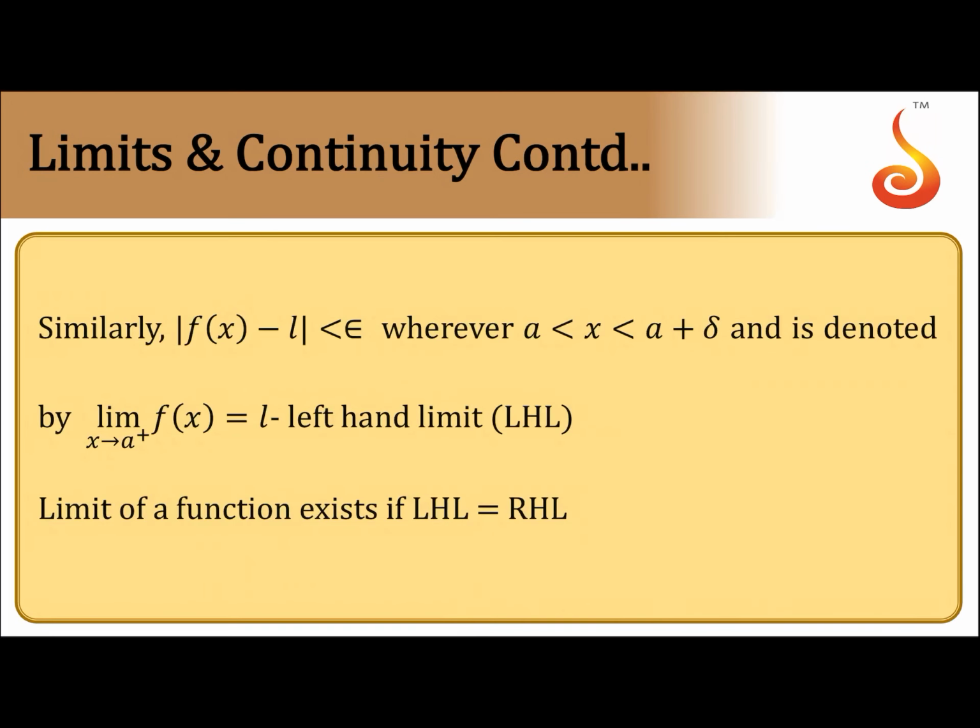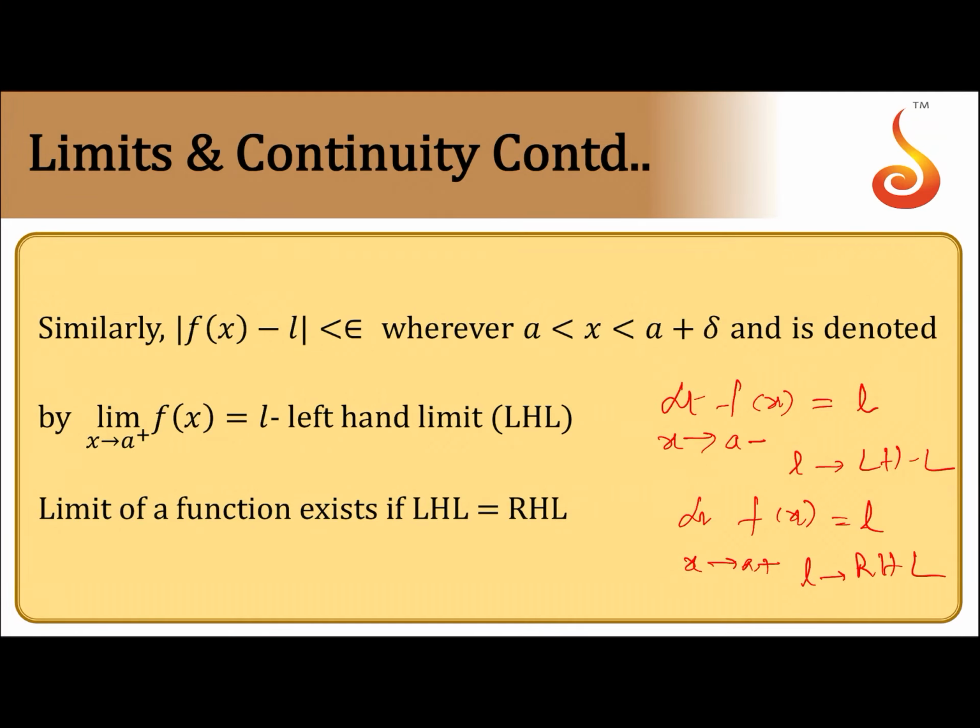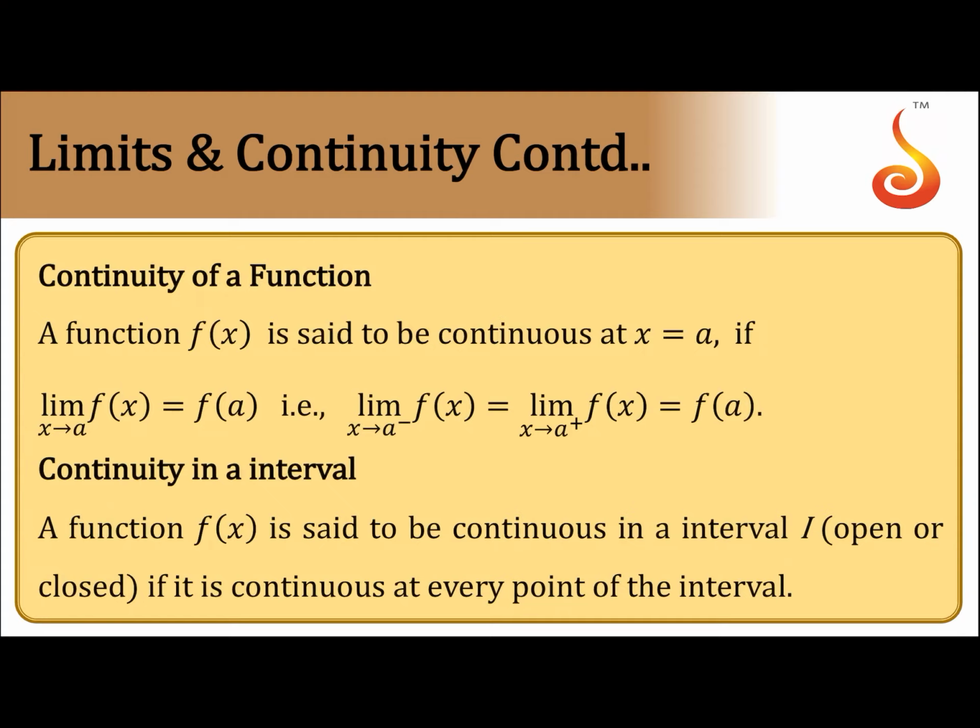So that can be written in the simplest form, as I told you: limit f of x as x approaches a minus is nothing but L, then L is called left-handed limit. Similarly, limit f of x as x approaches a plus is equal to L, then L is called right-handed limit. And I say the limit value exists provided LHL must be equal to RHL.